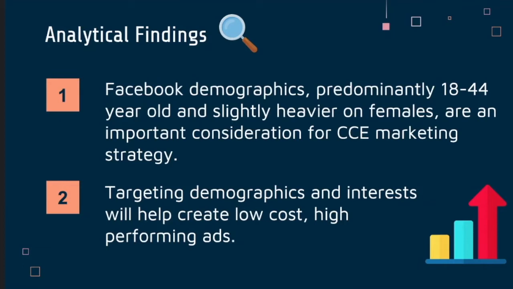Therefore, for an ad that CCE launches and targets towards a younger demographic, such as high schoolers or college students, Facebook might not be as effective as we assumed it would be in reaching our target audience, just because of Facebook's demographic overall. Nothing on our end, but just Facebook has an older population than we anticipated.